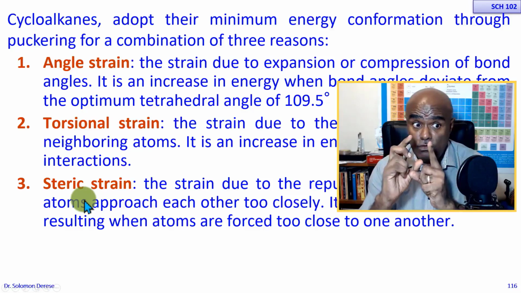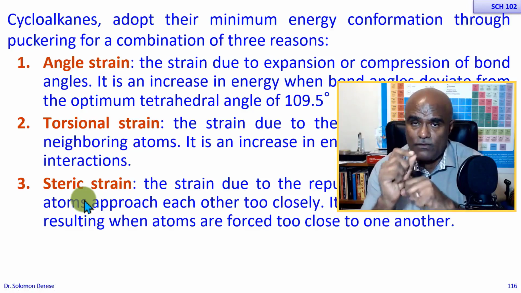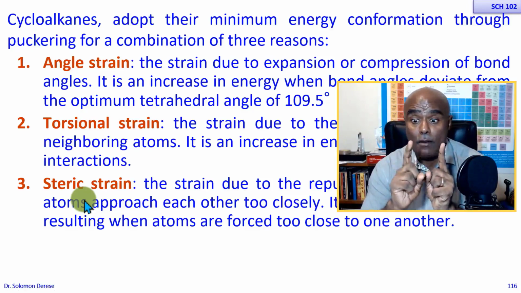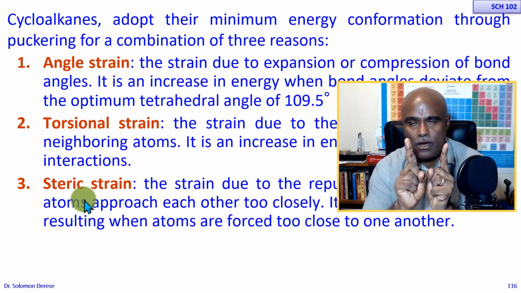So the steric strain, what makes it different from the torsional strain, is when you have a bulky substituent on the neighboring atom. This bulky substituent, since it is bigger in size, unlike the hydrogen, which can be this far, can come very close to it.